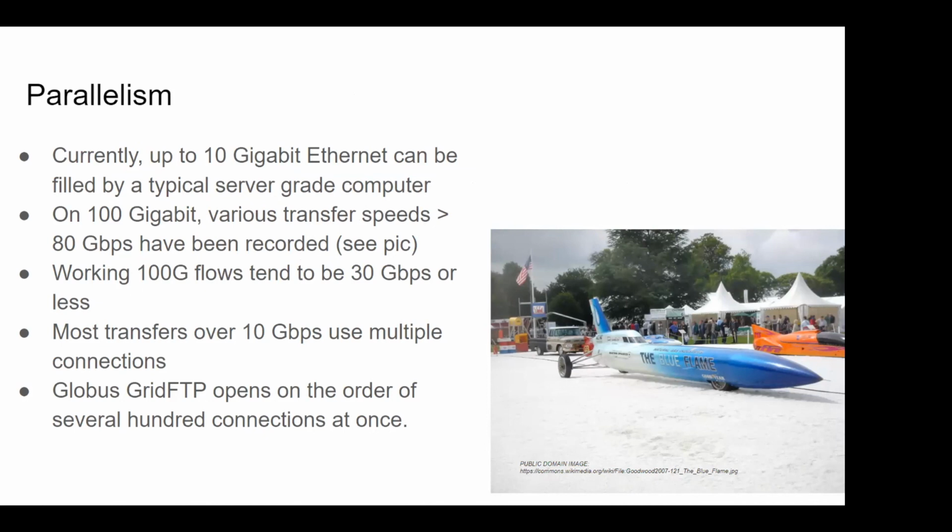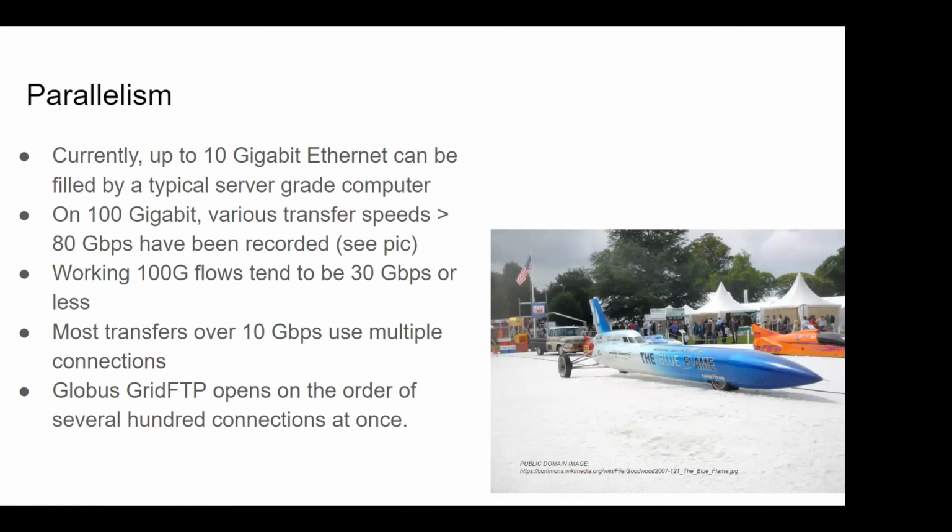You might find things that say 10 gigabit Ethernet can be filled by a typical server grade computer right now. On 100 gigabit, various transfer speeds of more than 80 gigabits have been recorded. But calling that 80 gigabit transfer speed a typical transfer speed is like calling the Blue Flame a typical car.